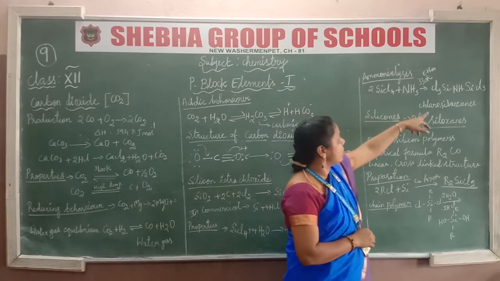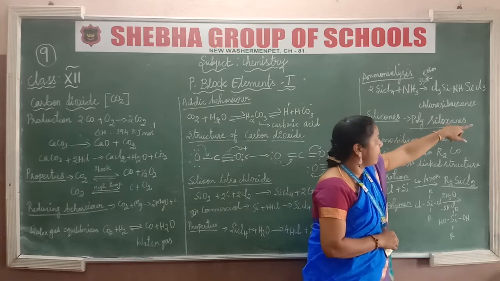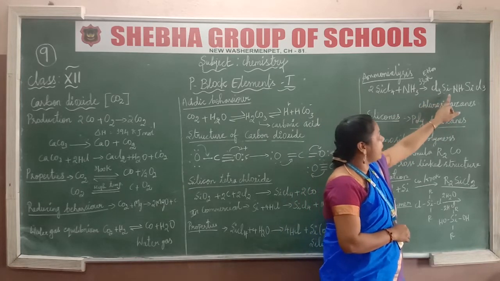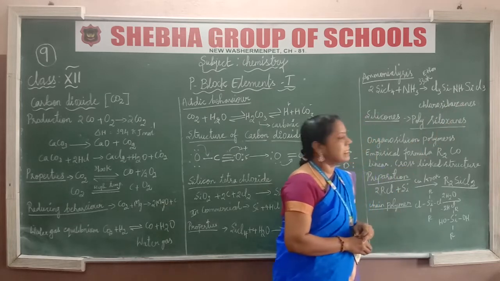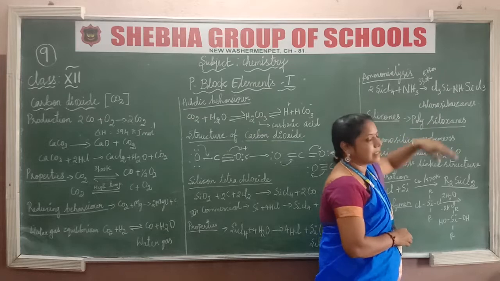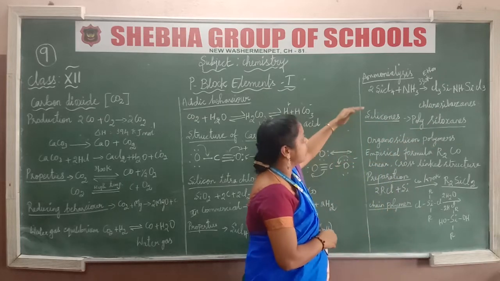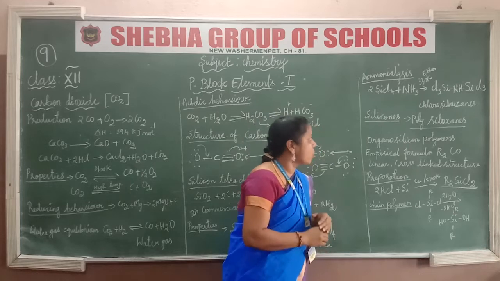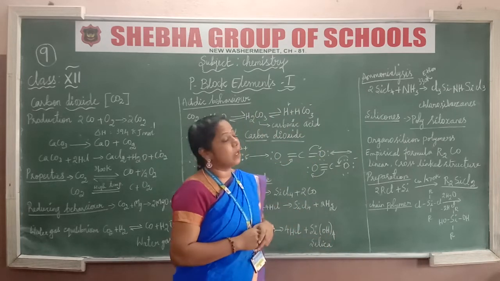We can get chlorosilazanes. Chlorosilazanes, the chemical formula is Cl3SiNH. This is also called chlorosilazanes.